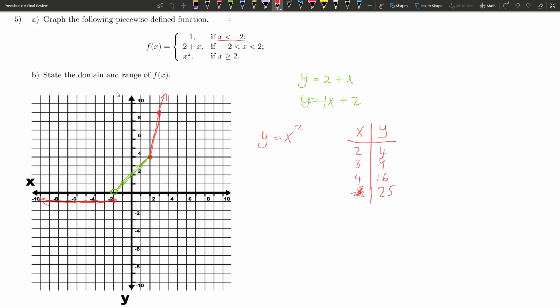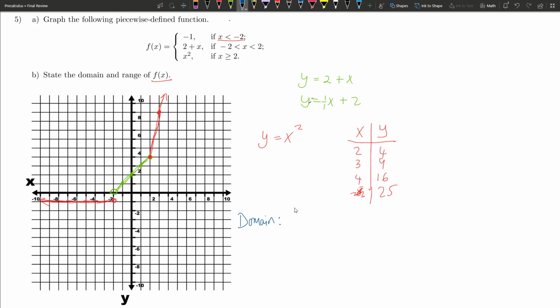All right, so state the domain and range of f of x. So f of x is the entire function, right? Even though it's in pieces, we want the entire domain and range. Okay, so the domain is your x values.